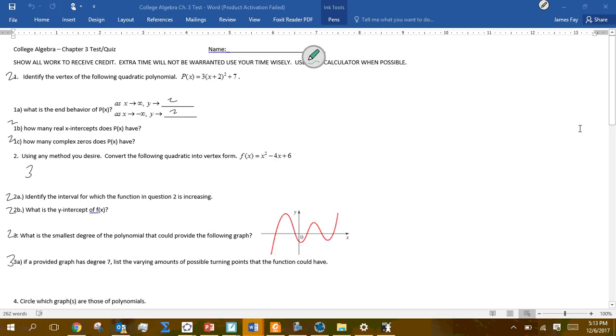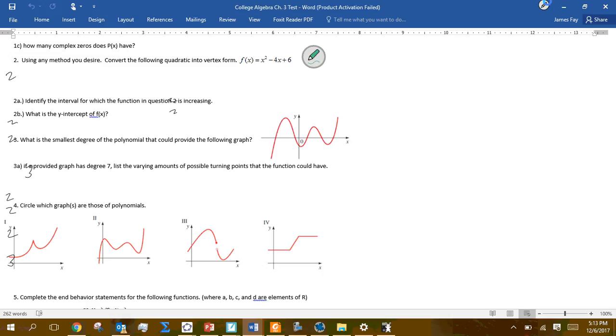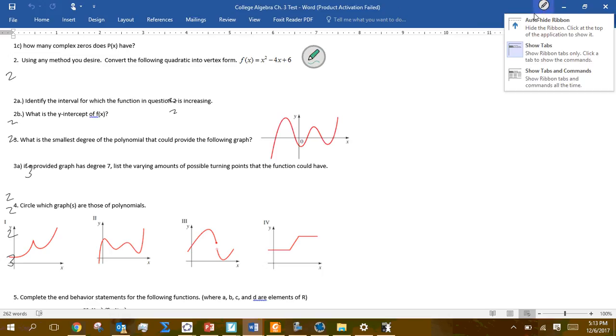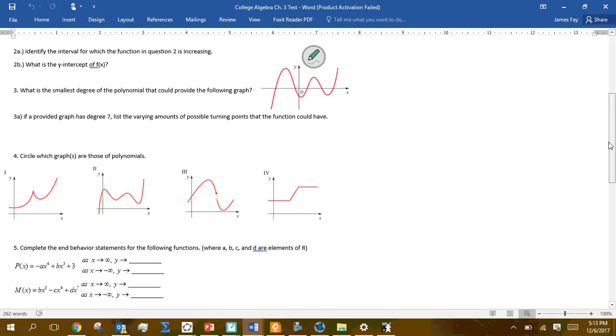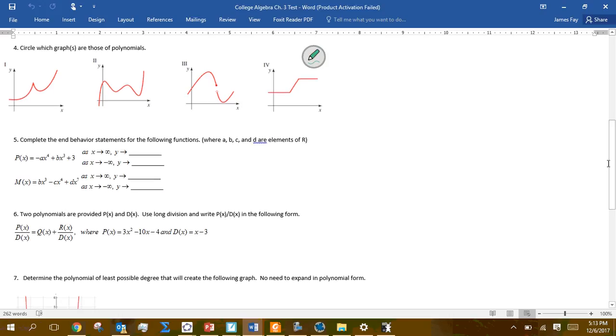When we get to question 4, creating or circling the right one was only 2 points there. And then each one of these was 2 points, so 2, 2, 2.